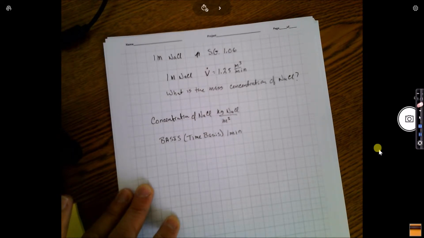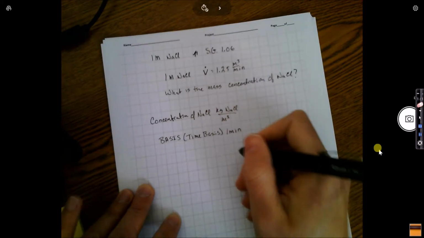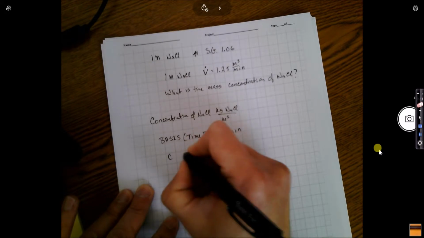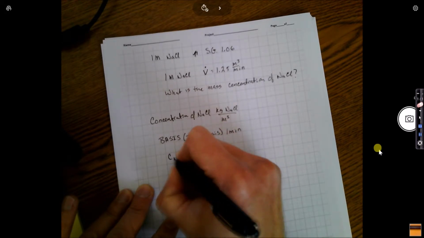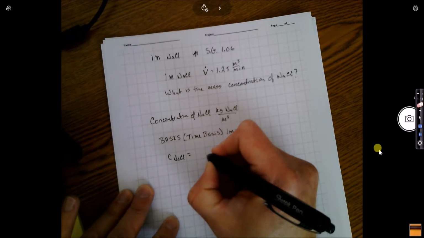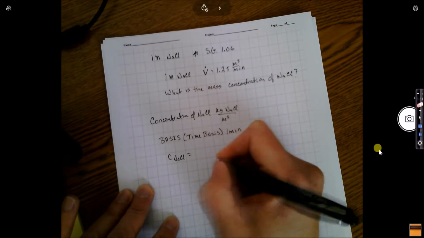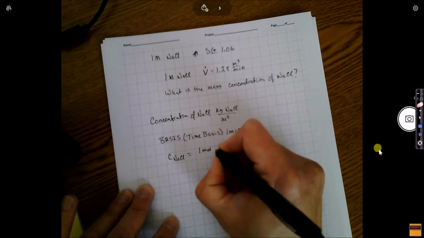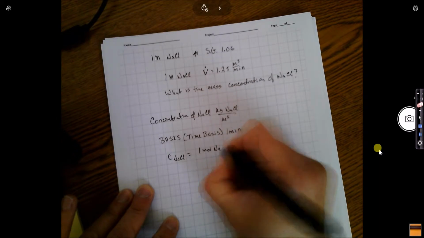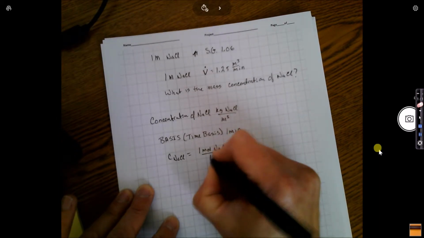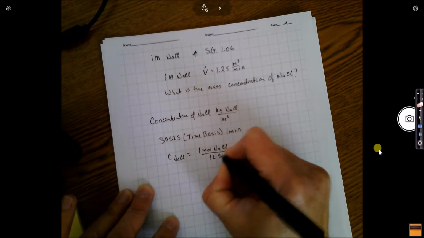And so we know our concentration of sodium chloride. So let's use some notation to start our calculation here. We want to start off with what we know. So we know we have 1 mole of sodium chloride in 1 liter of solution.